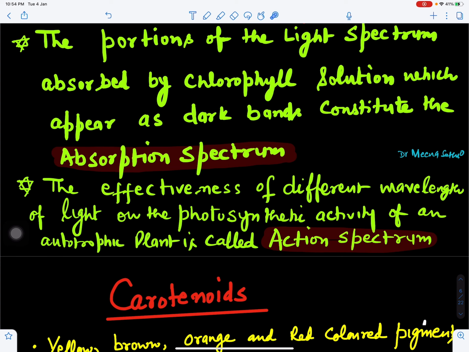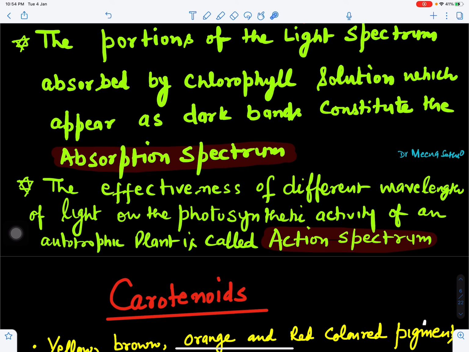Like we discussed, the photosynthetic pigments are chlorophylls, carotenoids and phycobilins. And in chlorophylls, chlorophyll A is the major or principal pigment involved in photosynthesis. Chlorophyll A may be found along with chlorophyll B, this may be found with C, with D, with E, but A is the major pigment involved in photosynthesis.